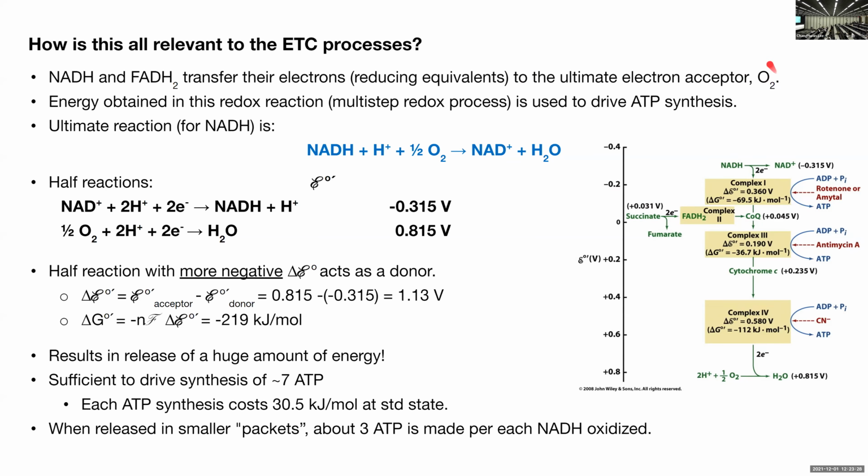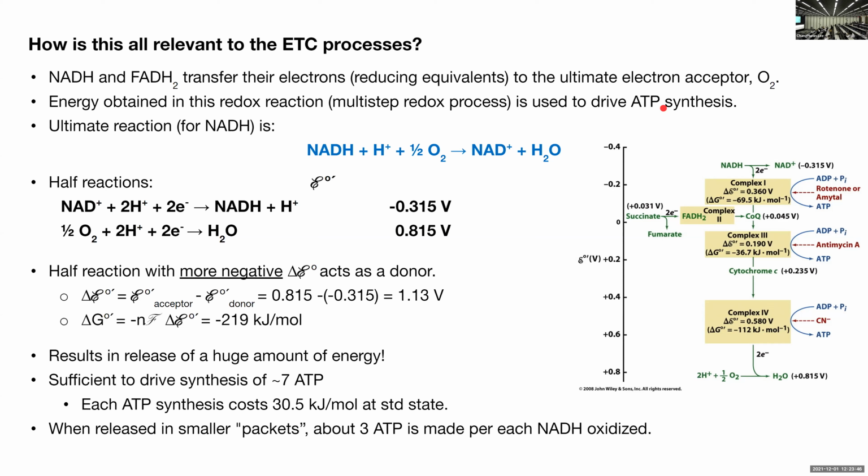So it leads to the reduction of oxygen again. And the energy obtained through this redox reaction, which involves lots of different steps in the electron transport chain, is going to be used for driving ATP synthesis.